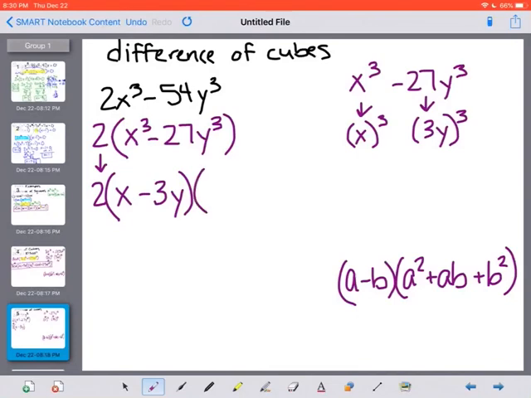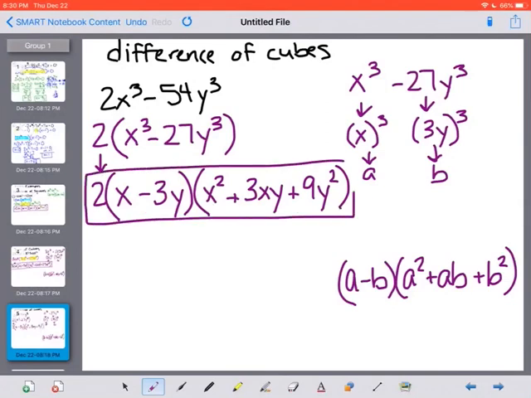And now I have a squared, so that's going to be x squared. A times b is x times 3y, which is going to be plus 3xy. And then b squared is going to be 9y squared. And then we're done. We can't go any further.